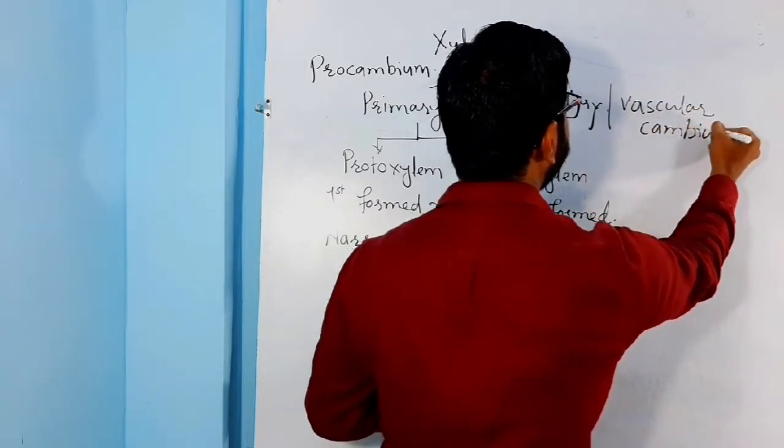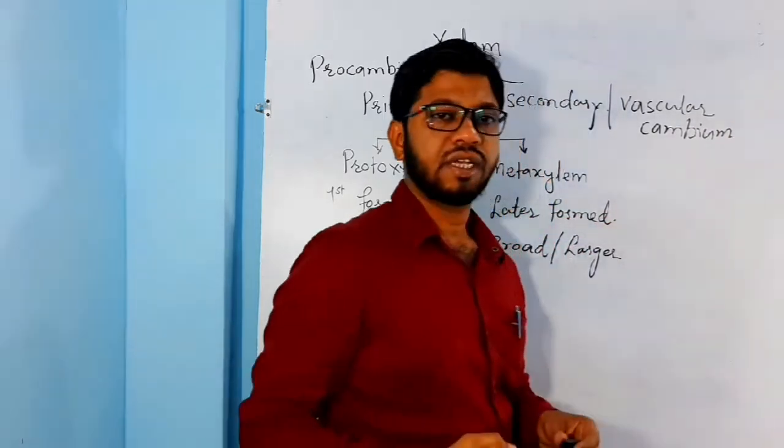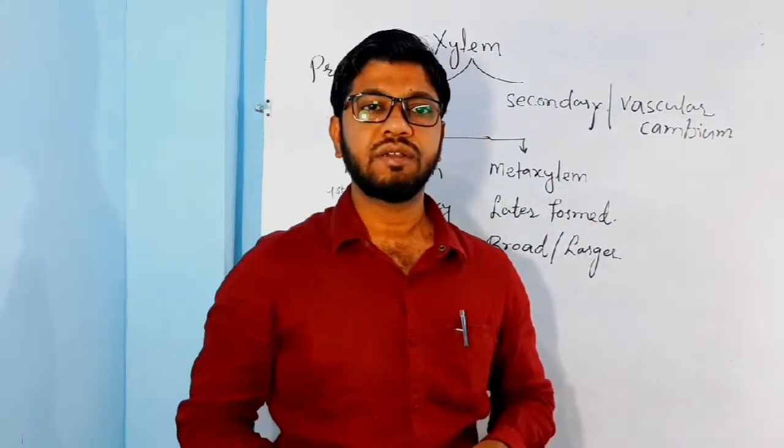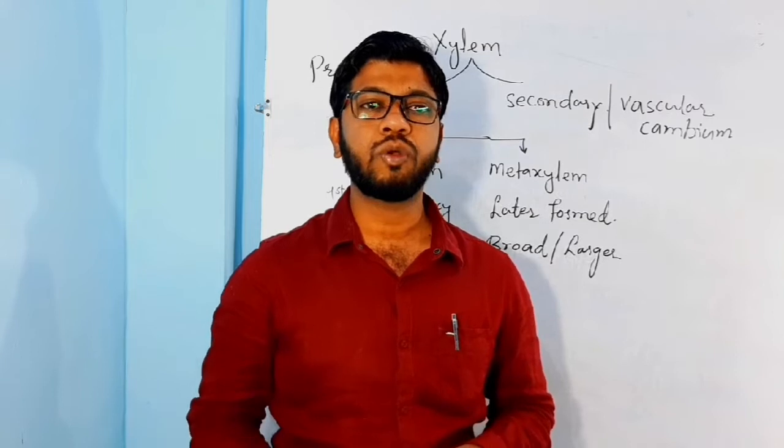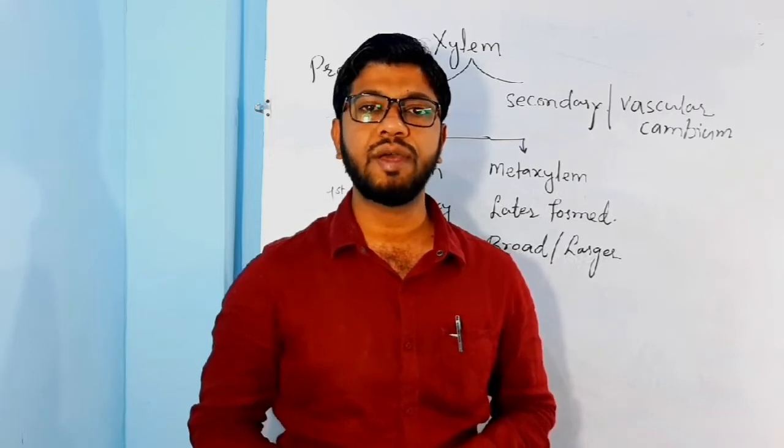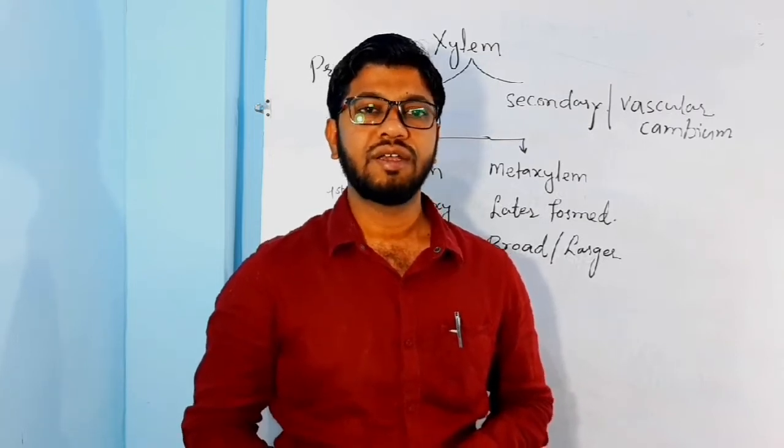So vascular cambium gives rise to the secondary vascular bundle and procambium gives rise to the primary vascular bundle.